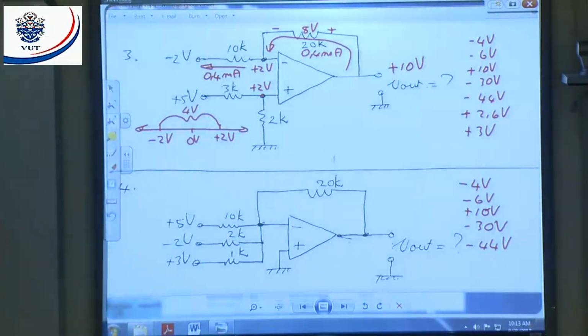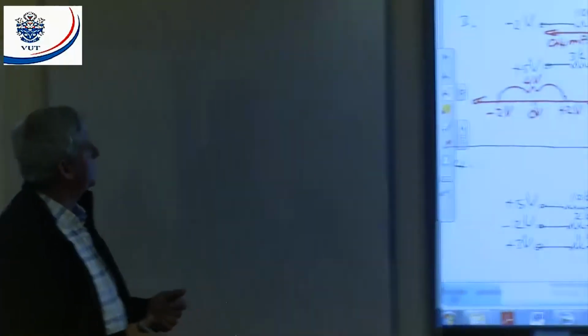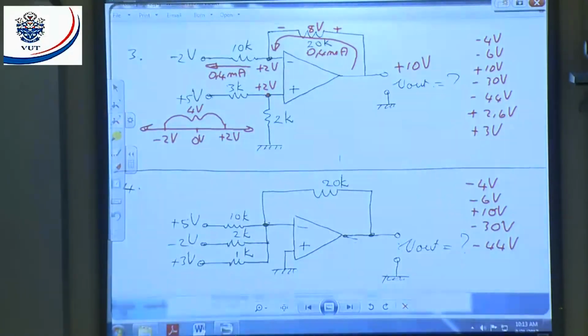You see what you want to do? You want to say plus 2 and minus 2. What will that give me? That will give me 0. If I add them together, it gives 0.